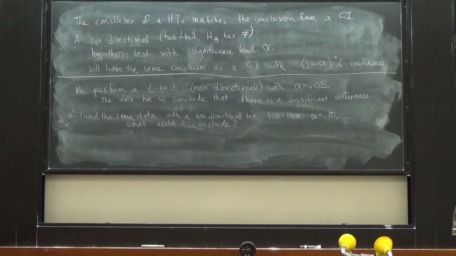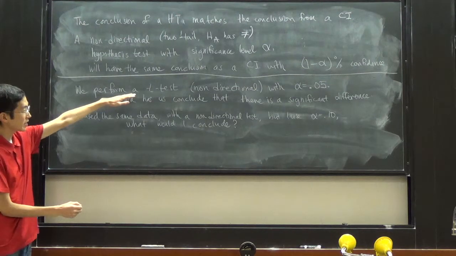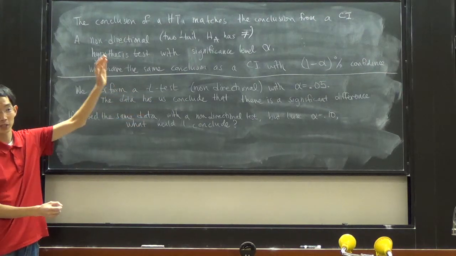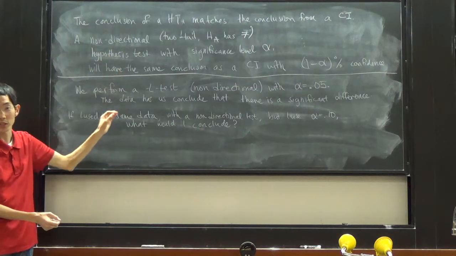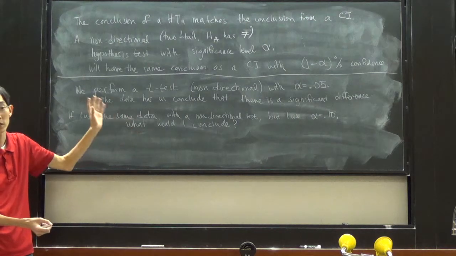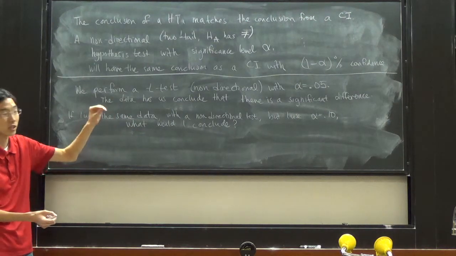Would I conclude to reject the null, not reject the null? Data's still significant. Yeah, whatever I did here, the only thing that changed is alpha. Would my data change? No, I'm using the same data. Does my test statistic change? My p-value that I come to at the end? No, that's all the same. The only thing that I'm changing is alpha.